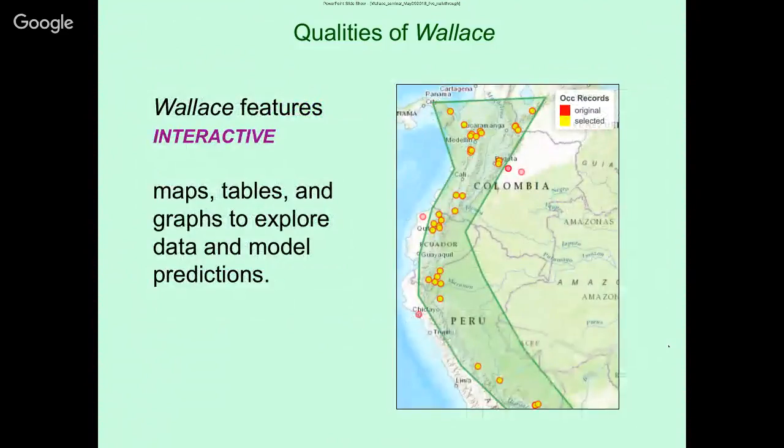So the focus is a huge interactive map that kind of feels like Google Maps that you can use to explore your points and take a look at the area of interest on a dynamic map. But it also has dynamic tables that you can sort, and it also has dynamic graphs that update when the user changes various controls.